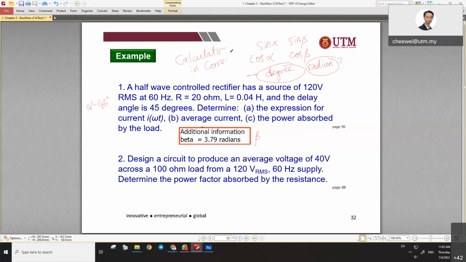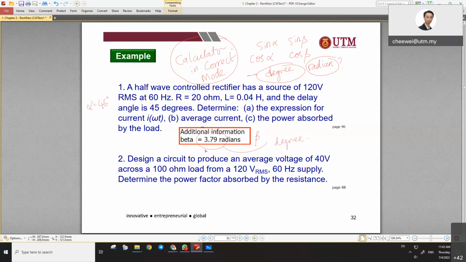You know where to set the degree or the radian, right? Make sure you know. Otherwise, if you key in everything, you get a different answer. So if you want to make degree the default, then you have to change the 3.79 into degrees, and you set your calculator to degree.